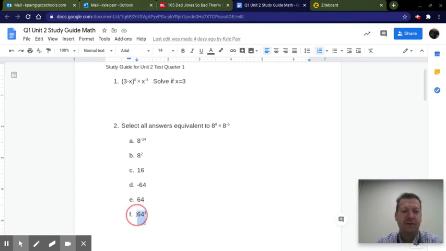And then 64 to the first power means the same thing as 64, so we would need to select 64 to the first power as well. That one's on the test, where the answer is something like 36 and then 36 to the first power, and you need to select both of them, because raising something to the first power doesn't change the value of the number.